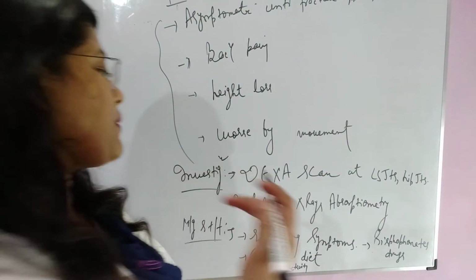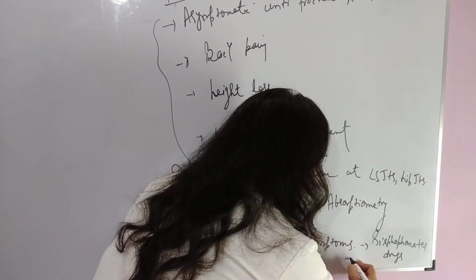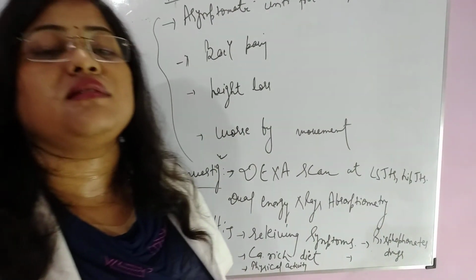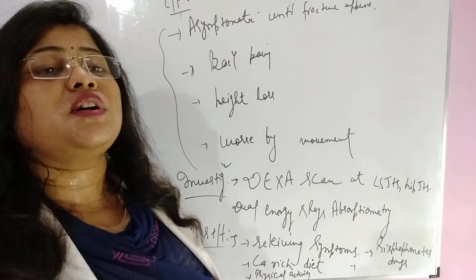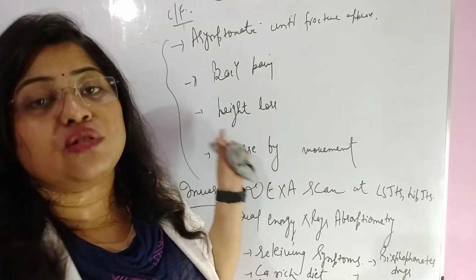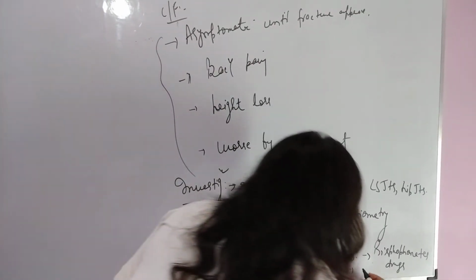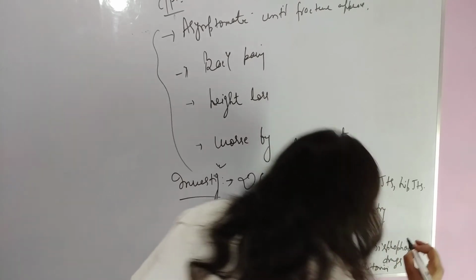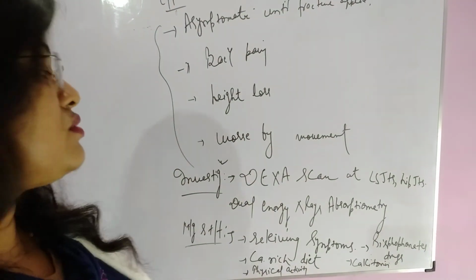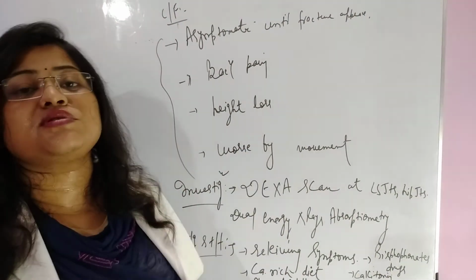So next is calcitonin, but calcitonin is given in case of menopausal osteoporosis. So one of the treatments is calcitonin drugs. So this is all about osteoporosis.